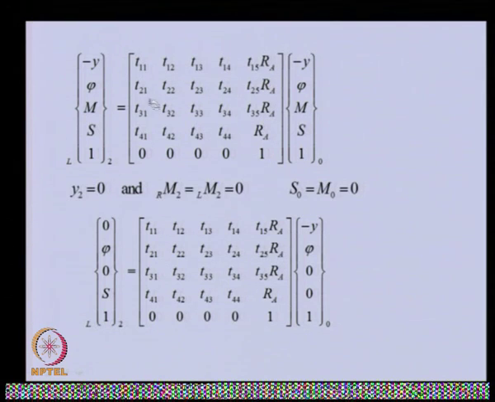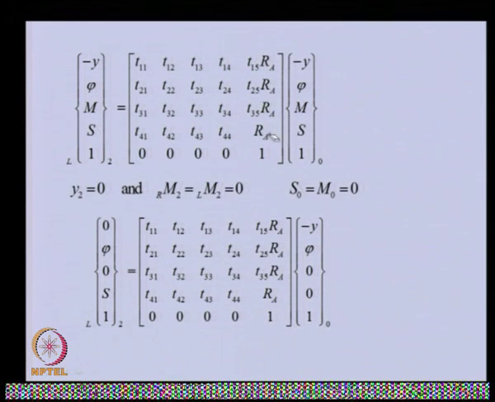Other quantities will be known; only the unknown terms I have highlighted here. The important thing is that all these contain the mass and stiffness terms of the shaft and the disc, and also the natural frequency, which is also unknown, but the reaction which is unknown will be in this particular column.